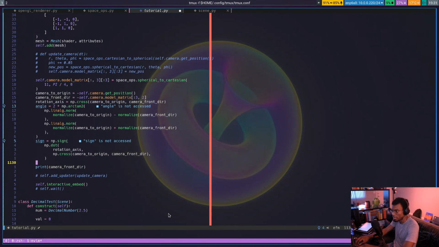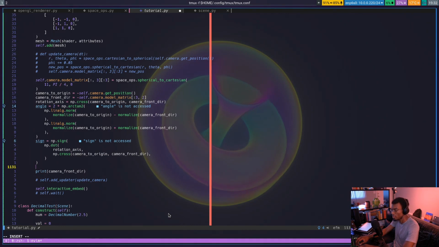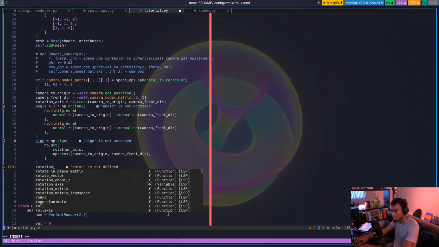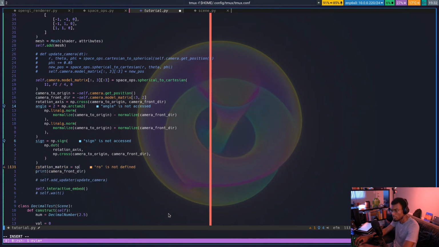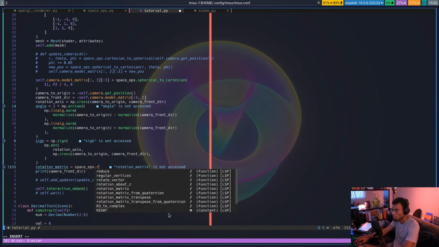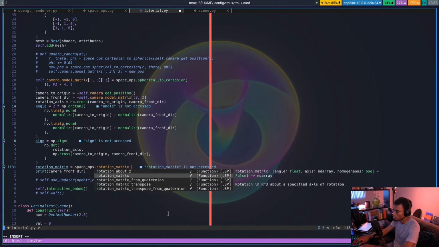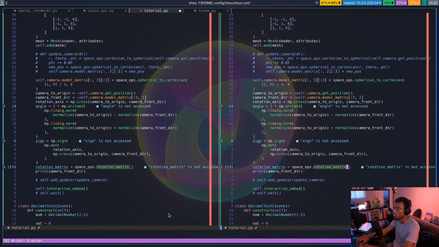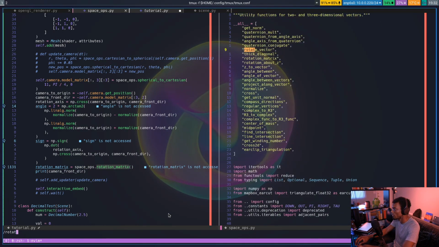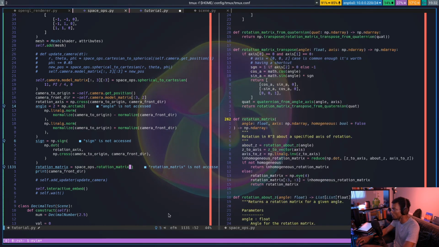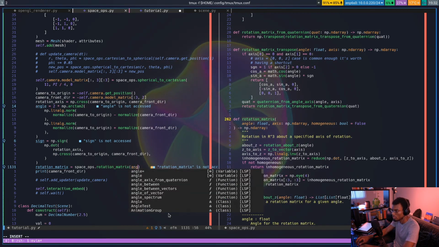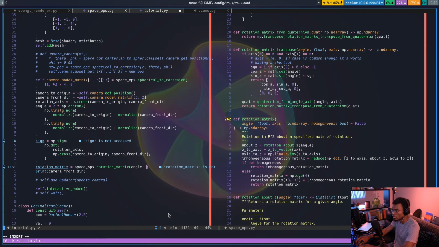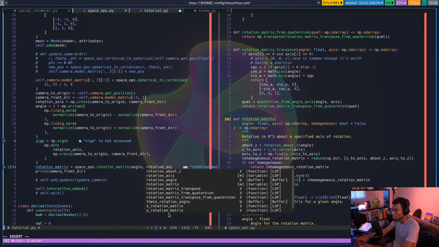Then I want to rotate the model matrix. So I can get the rotation matrix. So take angle and then the axis, rotation axis.